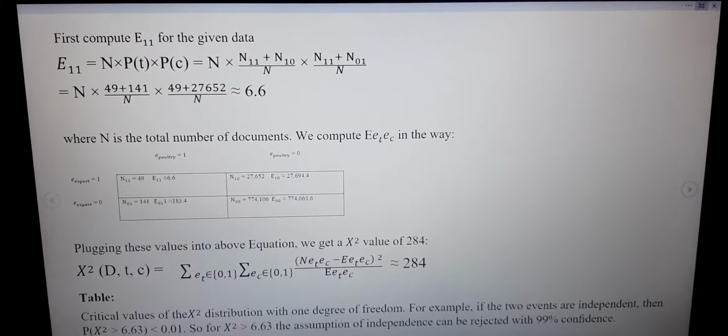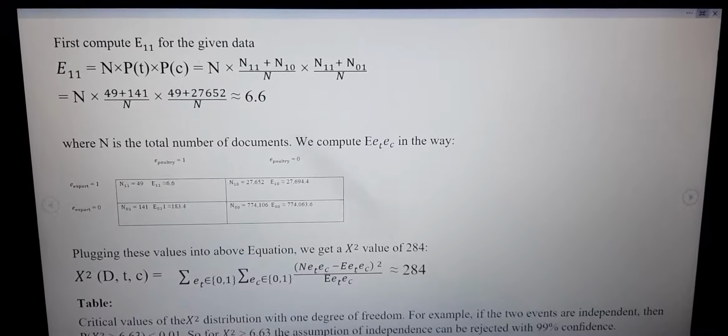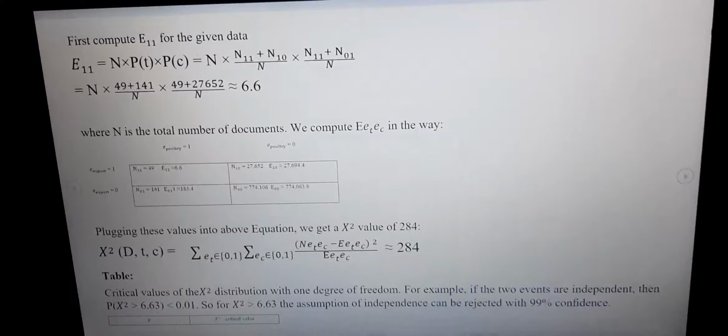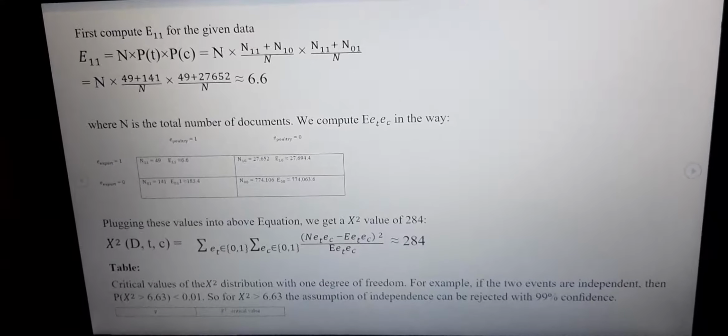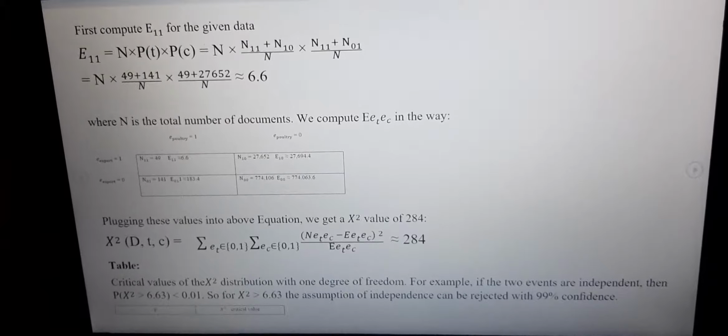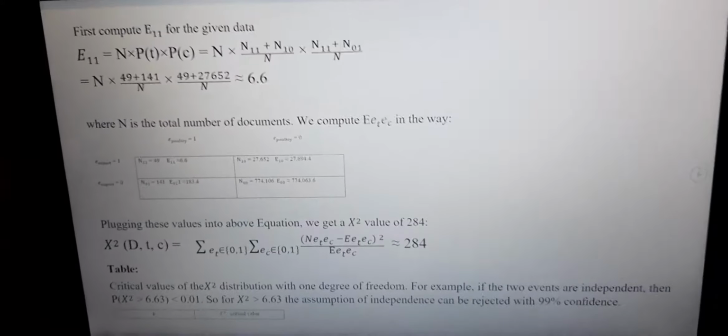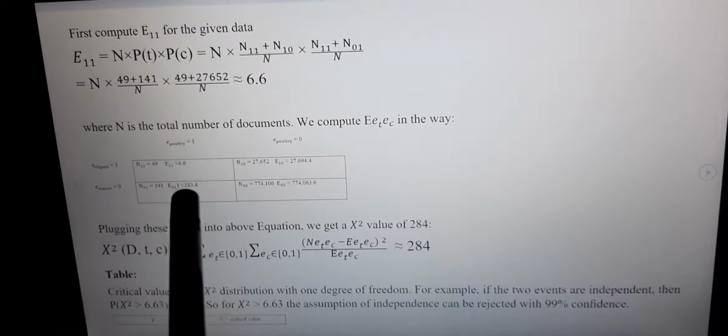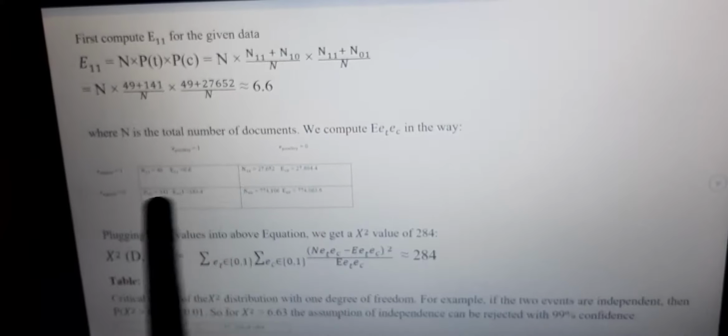Similarly, we compute the values of E for the other combinations of e_t and e_c in the same way, and they are written in the table as follows.